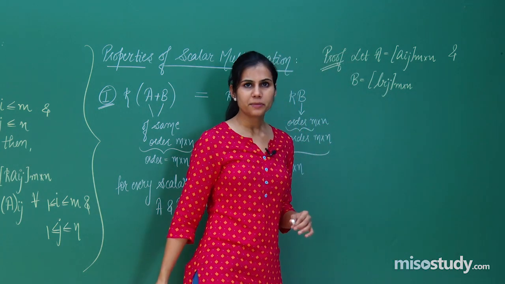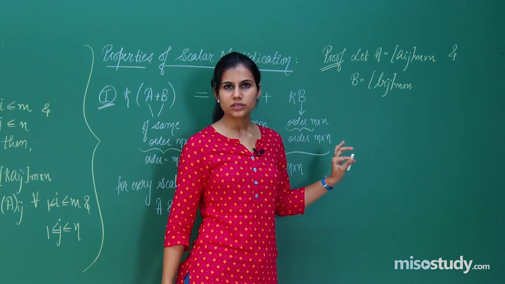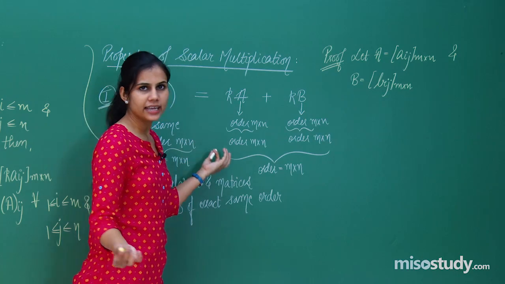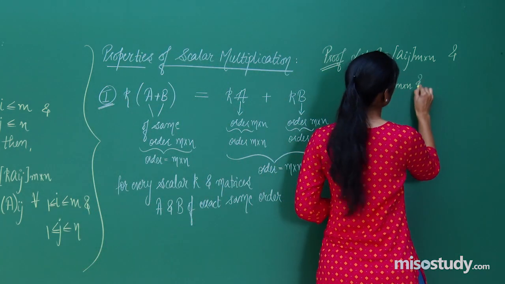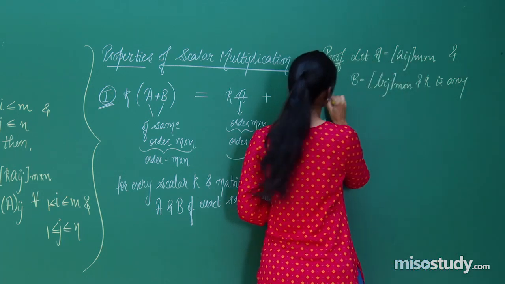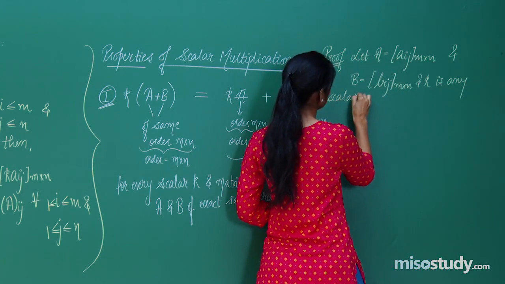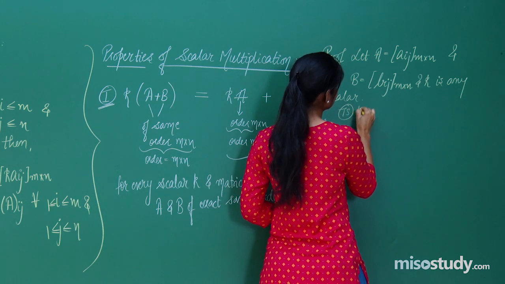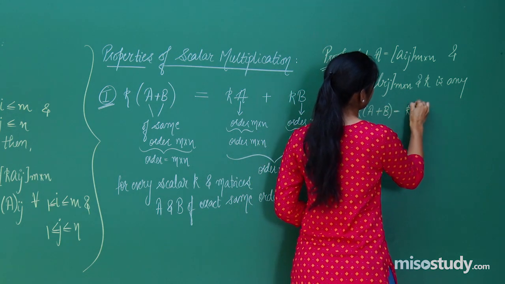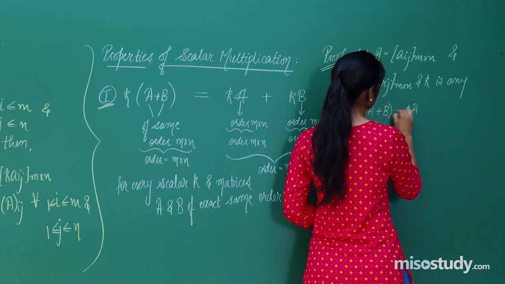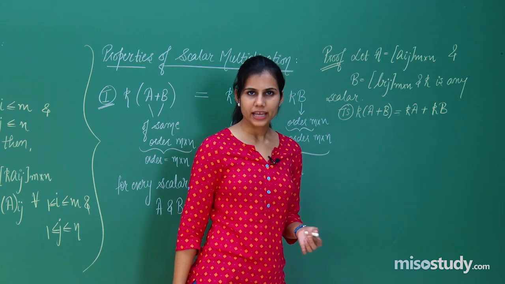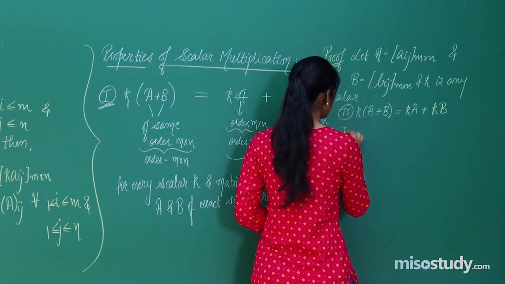A is a matrix of order m cross n, B is a matrix of order m cross n. Once these two things are settled, I am taking K is any scalar. If I have to show that K times (A plus B) is equal to KA plus KB, that means I have to show what?